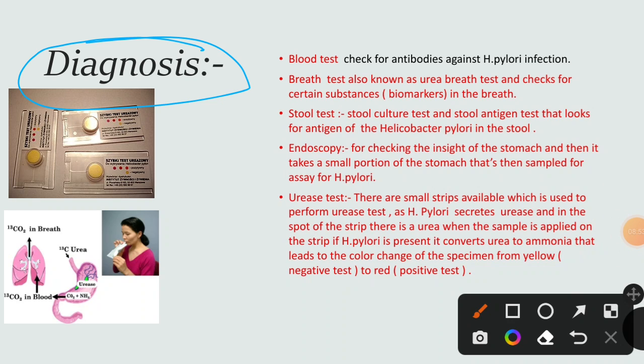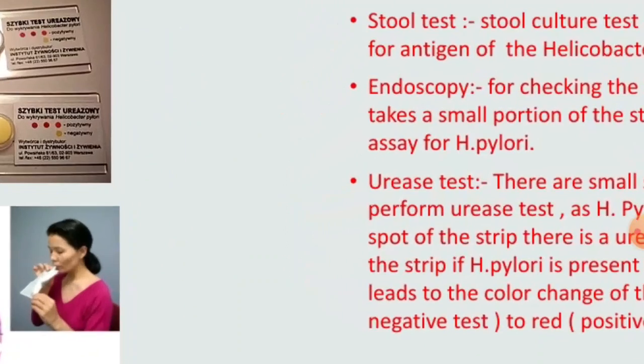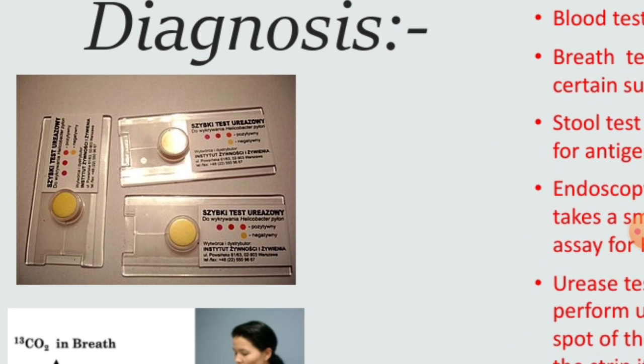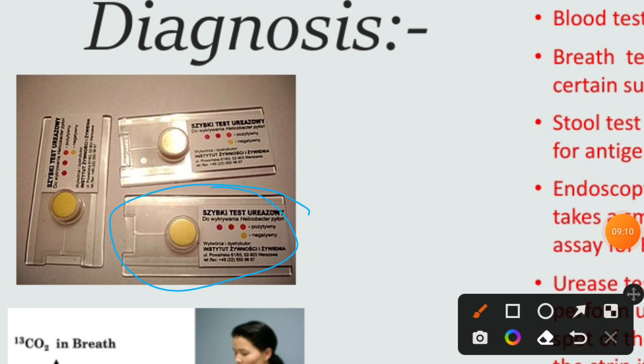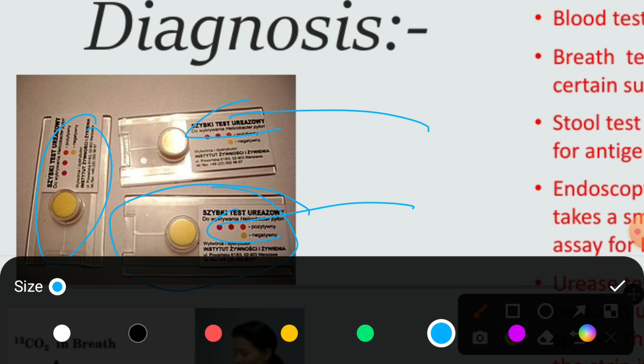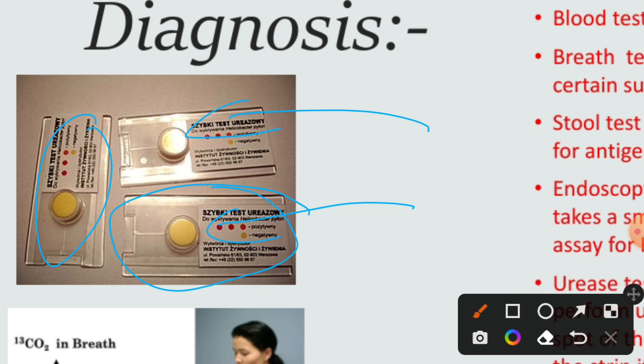So the main 2 important diagnostic tests for your Helicobacter pylori infection are, one is the urease test, another one is the urease breath test. So what is the urease test? As you can see in this picture here, we are using strips which contain spots, right, and these spots contain urea, remember it, and we are going to add the samples that we have obtained from the patient.